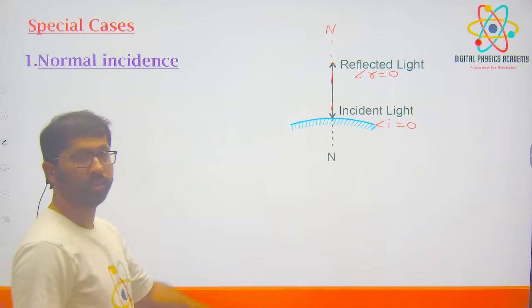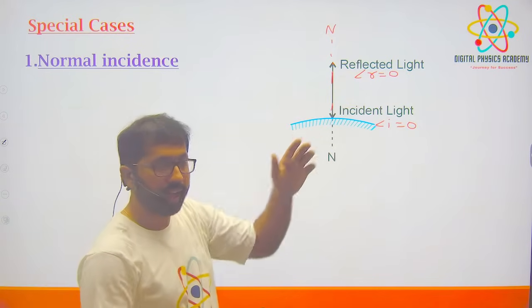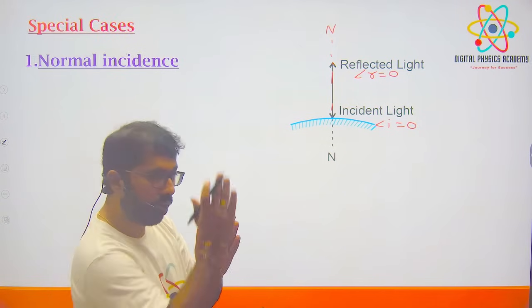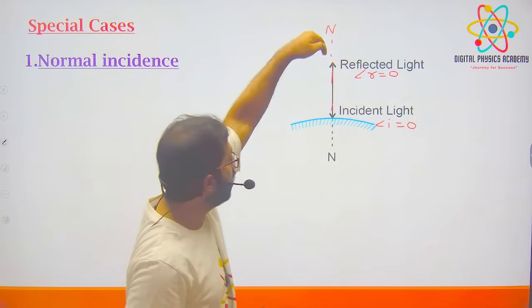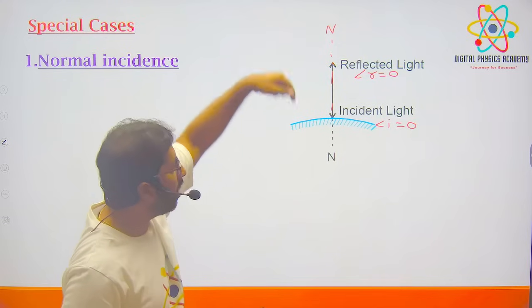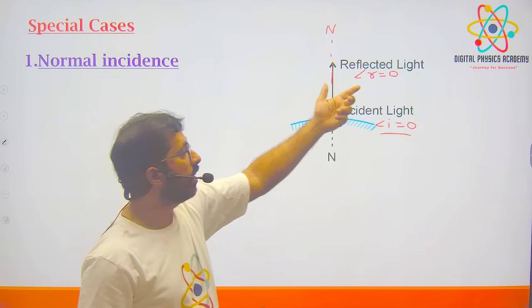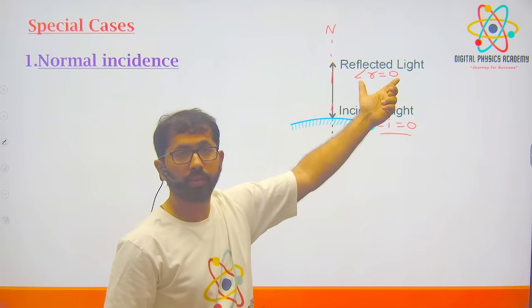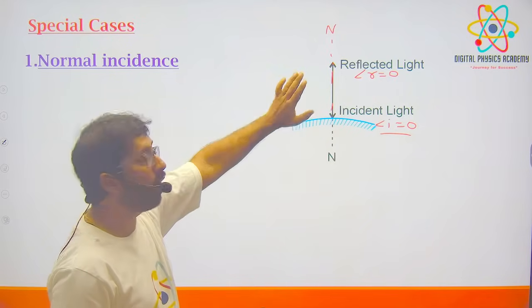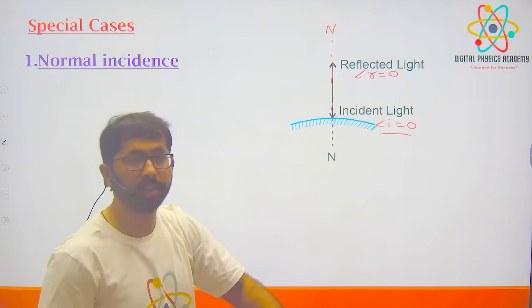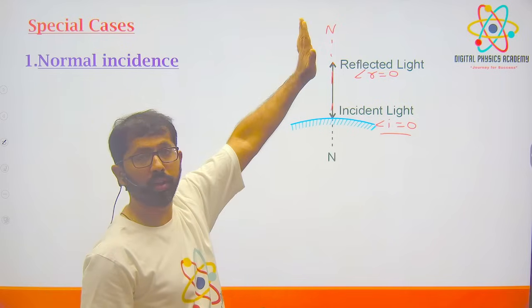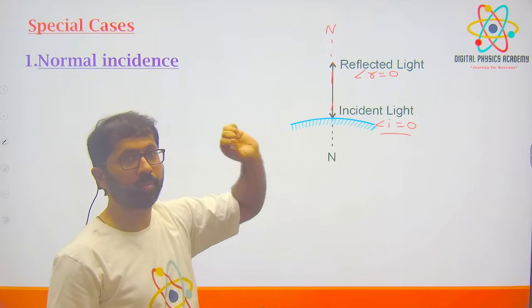See, angle of incidence equals angle of reflection. The angle of incidence is the angle between the normal and the incident ray. When you incident here, the normal and incident ray are on the same line, so angle i is 0. The reflected ray also has r equal to 0. So this is called normal incidence. Along the normal we are incident, it will reflect along the normal only. This is very important; it will be useful later in ray diagrams.